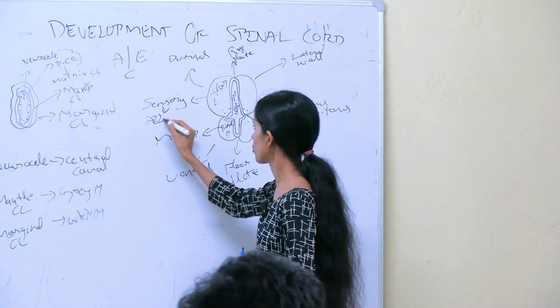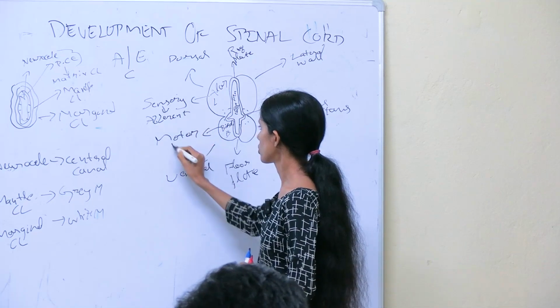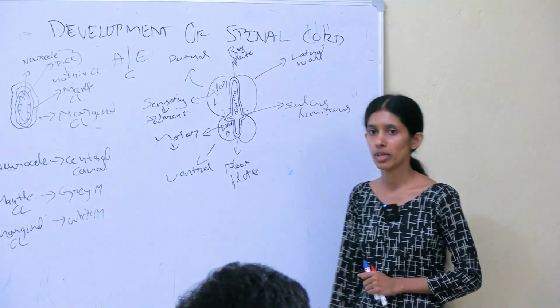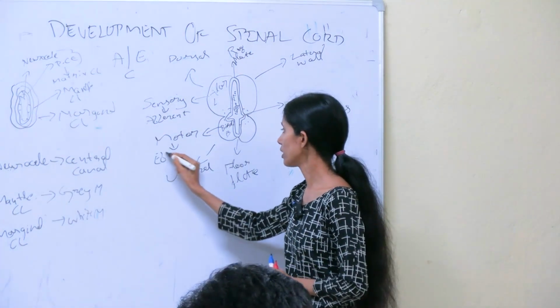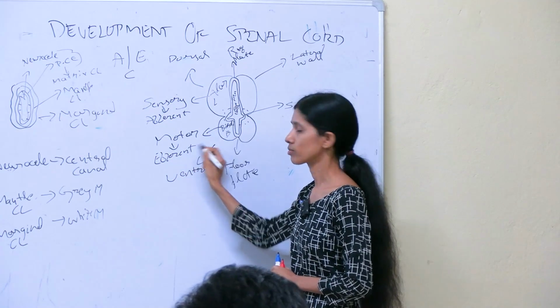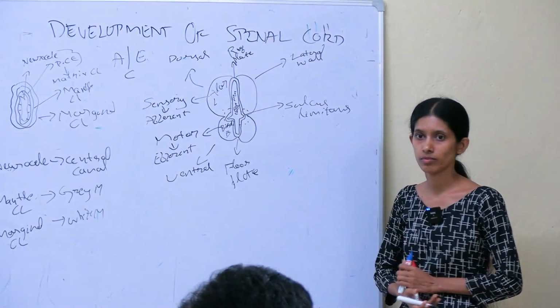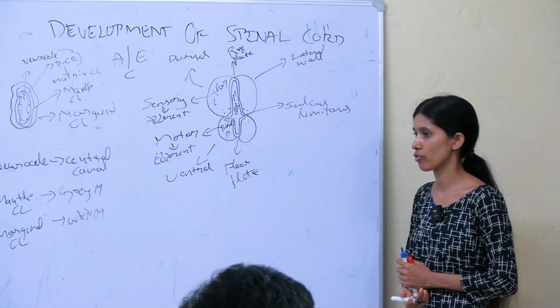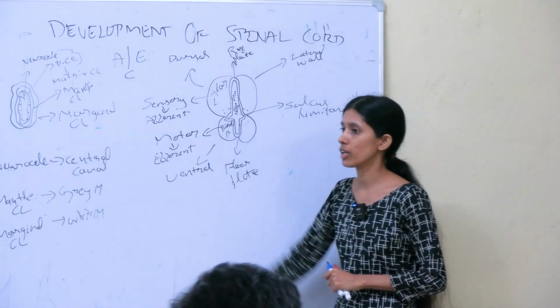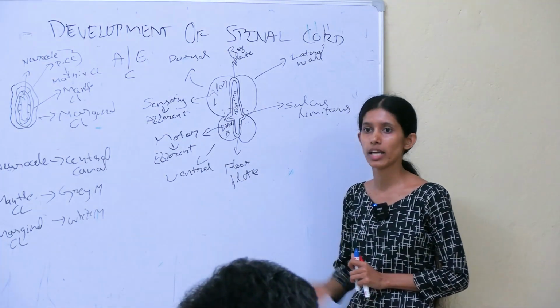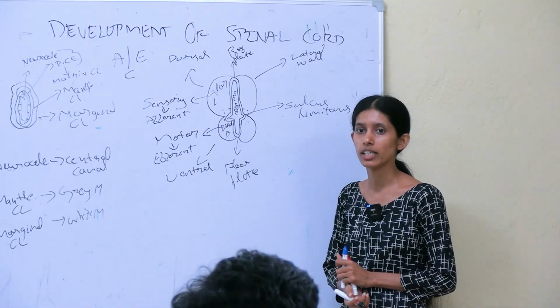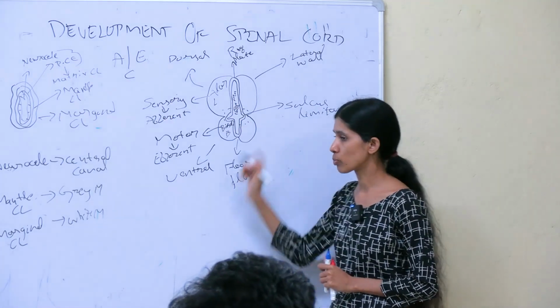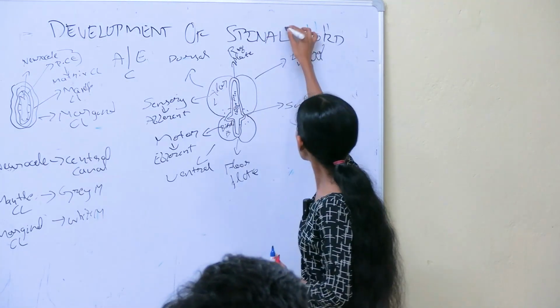We can see afferent columns here. So in motor part, we can see the efferent columns. Is it right? Sure? Okay, fine. So in the sensory area, we can see the afferent columns, and in the motor area, we can see the efferent columns.